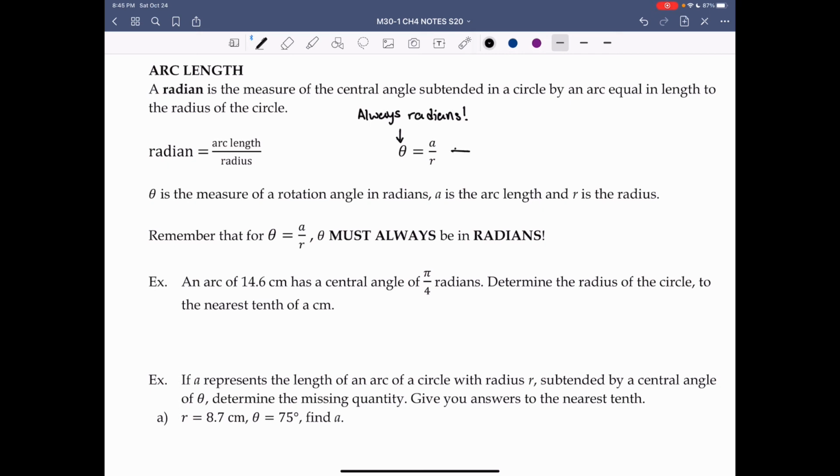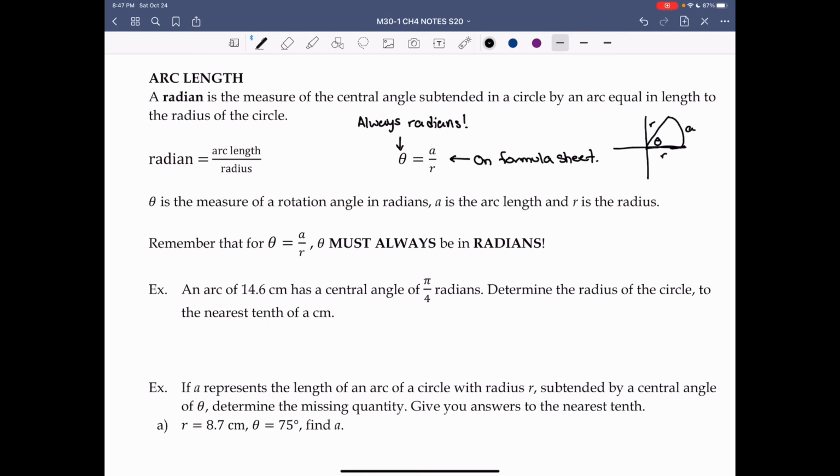And this equation is on your formula sheet. And we'll draw a diagram. Say we have an angle here, our initial arm there, that are the same length. This is our A, our arc length, our theta here, this is r, and this is r.